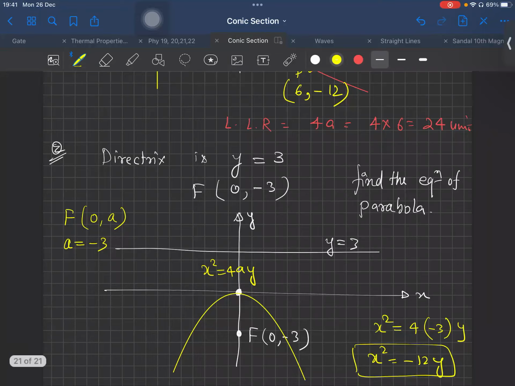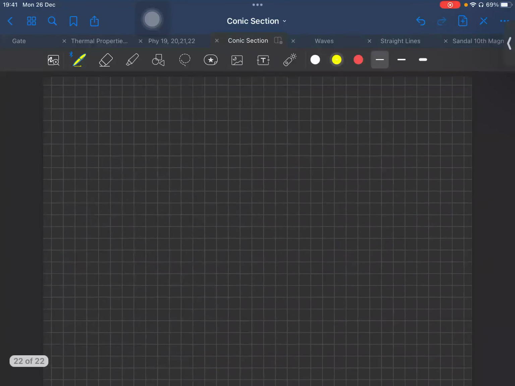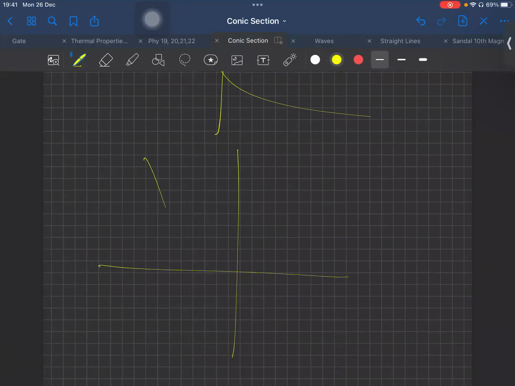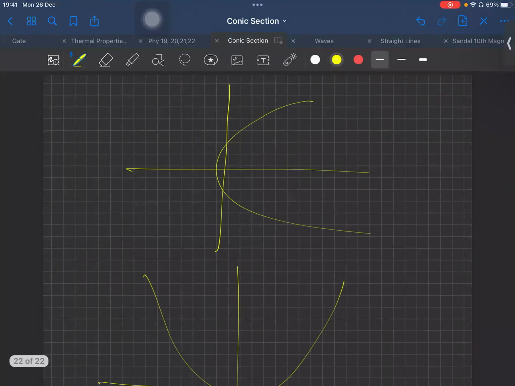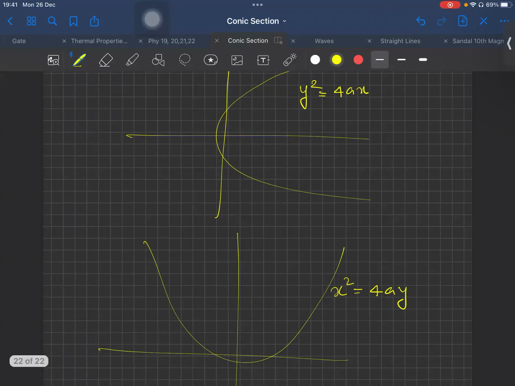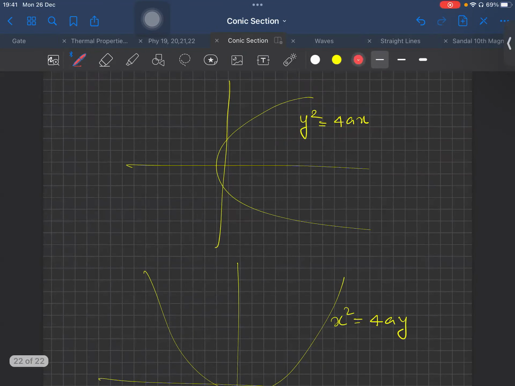See, there are two types of parabola we studied. One is this type of parabola, and one is this type. So these are the two. This is y square is equal to 4ax and this is x square is equal to 4ay. Now if A is positive, you will get this type of parabola. If A is negative, you will get this type of parabola, y square is equal to minus 4ax.